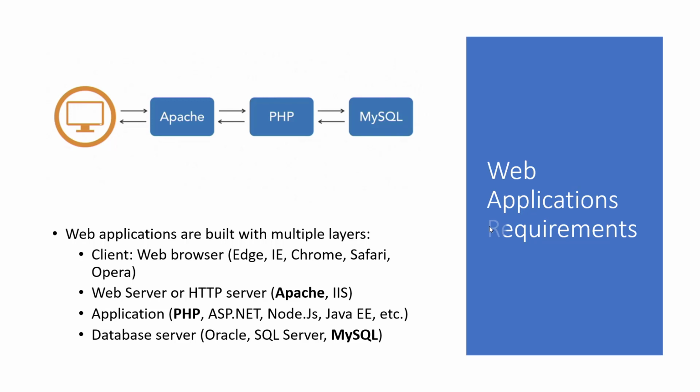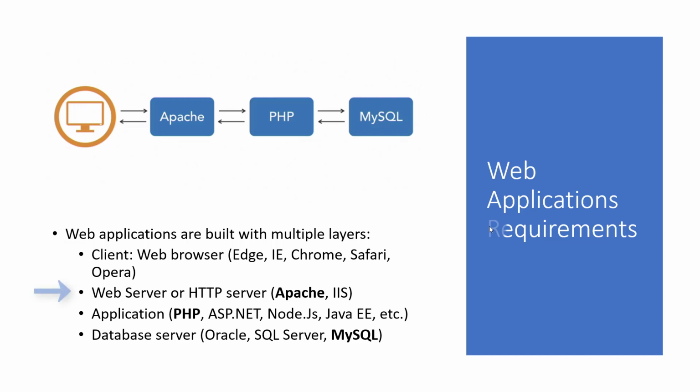Now, to get Moodle installed and working properly, Moodle is a web application, so there are some certain layers that must be in place. First, you need a client, that is a web browser. This is something like Internet Explorer, Chrome, Safari, or Opera. So this is the beginning point, and almost every computer, literally every computer has one browser or the other.